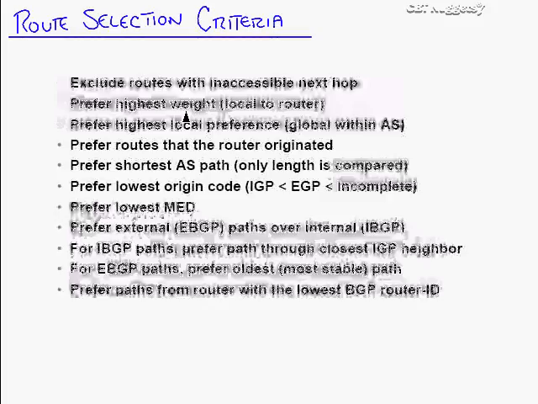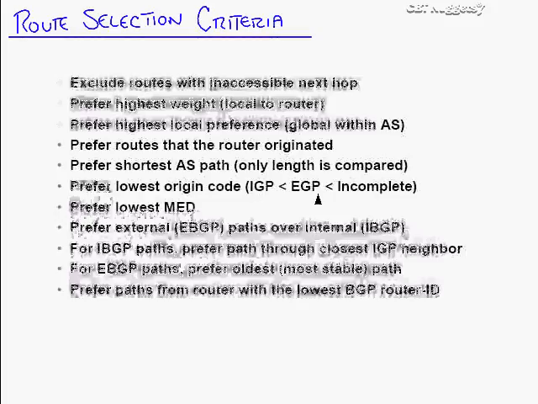Where we start getting into the differences is where you start hitting the shortest AS path, and if that's tied, what's the next one it relies on? The lowest origin code. IGP beats EGP beats incomplete. So by setting the origin, you can tweak which routes are more preferable than others.